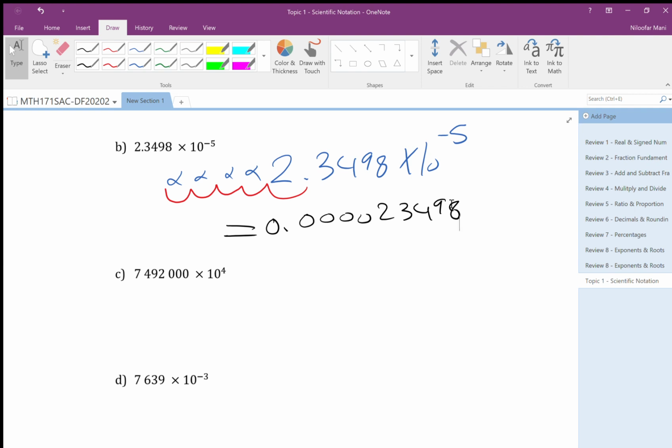How about the next? So you have 7492000, and so you have 0 0 0 0, so you add more zeros. The way that we show our number is 0 0 0, a little bit of distance.